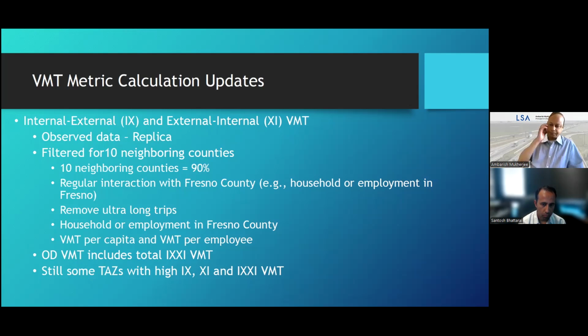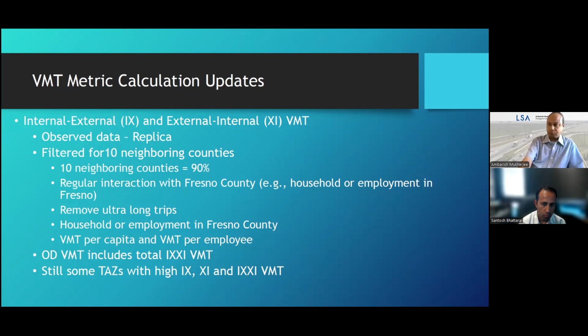I know we were trying to make the model better and improve it. We have certainly improved it, but that doesn't mean it doesn't still have some issues. We are still seeing some TAZs with higher IXXI VMT, and so I just wanted to note that as well.